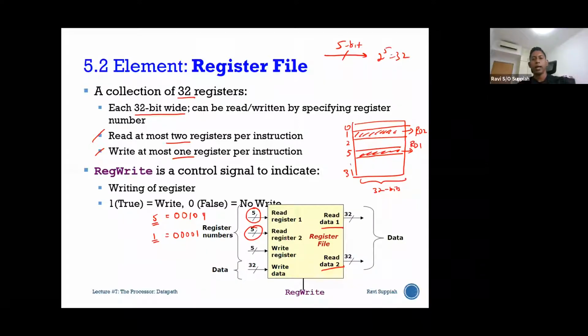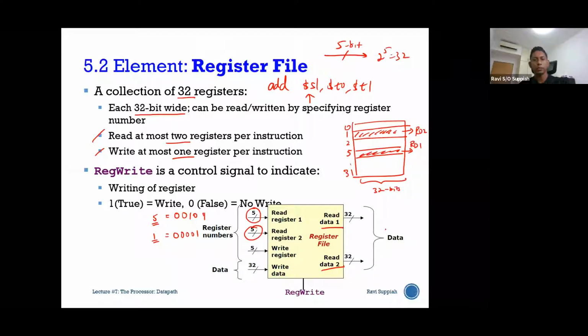Now there's also the need, in some cases, to update a register. If I have an instruction that says add S1, T0, and T1, I know that in the end I must update register S1.